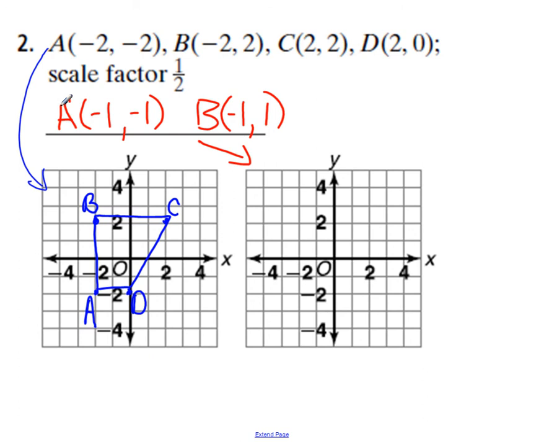Is B correct? Yes. C correct? Yes. But where's D supposed to be? On the 2. It's supposed to be at 2, 0. So it should get a shape that looks kind of like that. Okay, why didn't you get that?